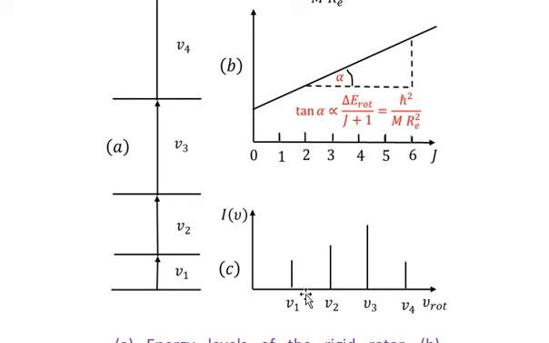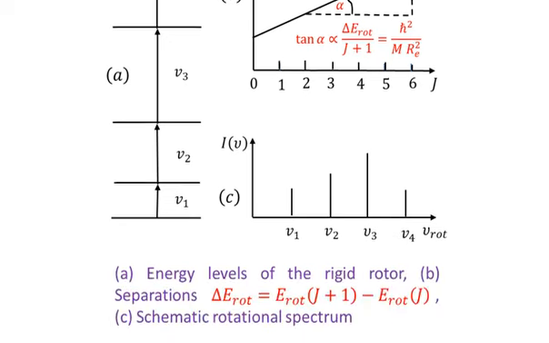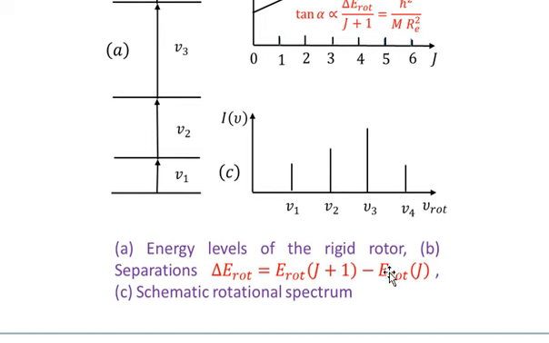And you know that these will fall at these places in the rotational spectrum. So energy levels of the rigid molecule are shown on the left as a staircase of rotational levels. B will give you the separation delta E rotation, which is E rotation at j plus 1 minus E rotation at j. This has been plotted in part B, and C shows you the schematic of the rotational spectrum.